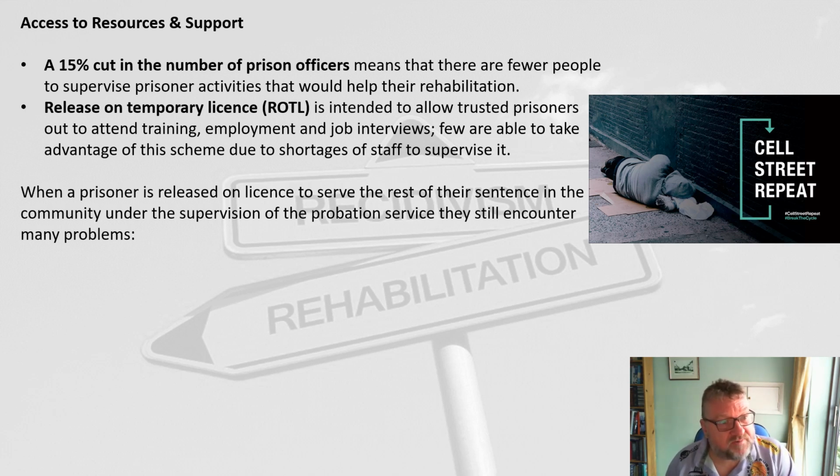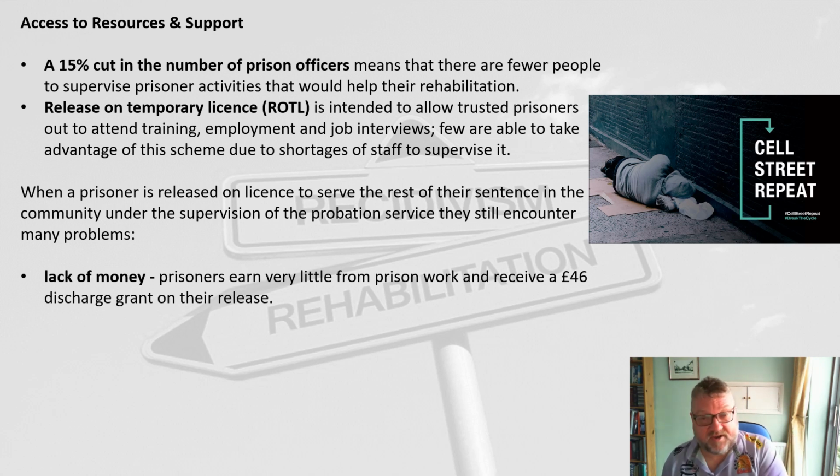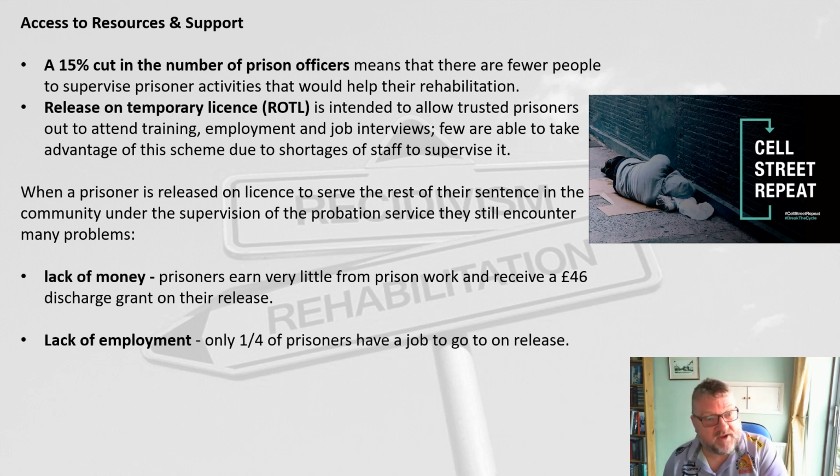So when a prisoner is released on licence to serve the rest of their sentence in the community, we're now not talking about temporary licence, we're now saying they're out on licence, they're out on parole, under the supervision of the probation service, they still encounter many problems. Lack of money, prisoners are released with £46 discharge grant on their release. Only a quarter of prisoners have a job to go to on release.